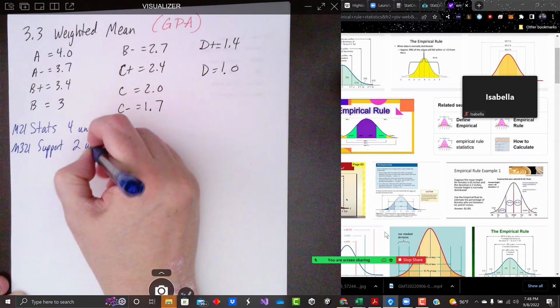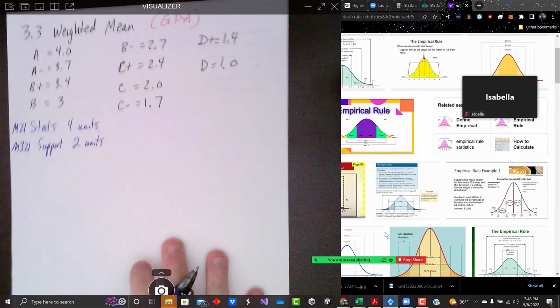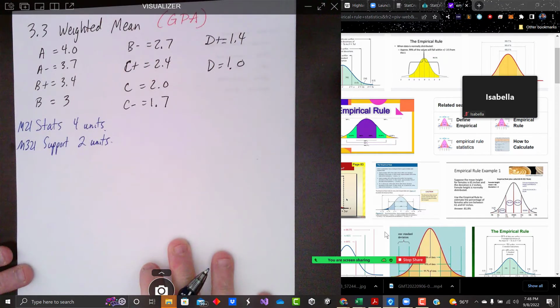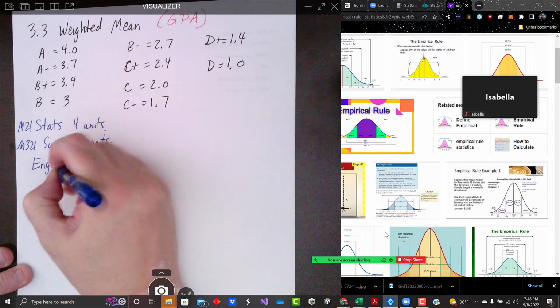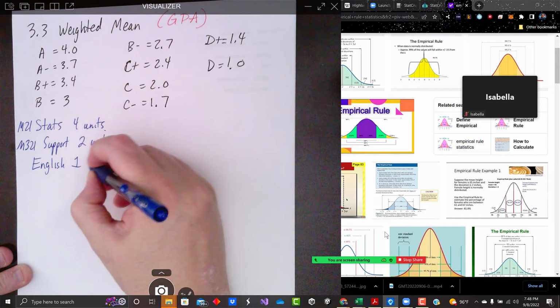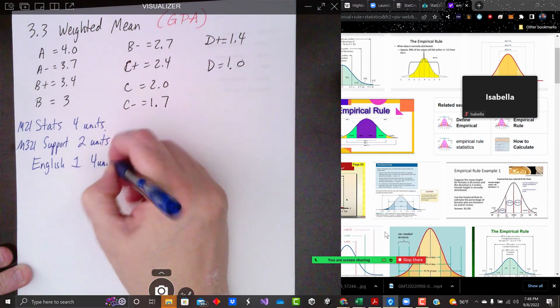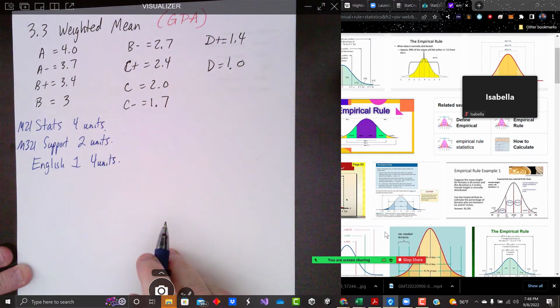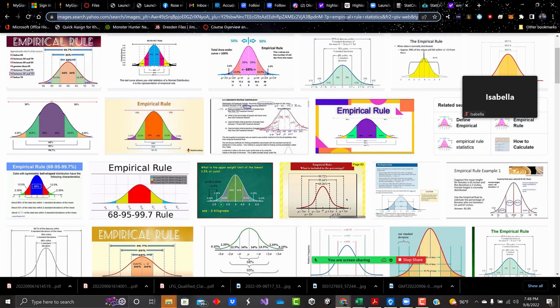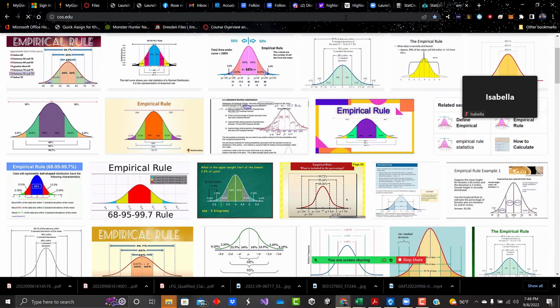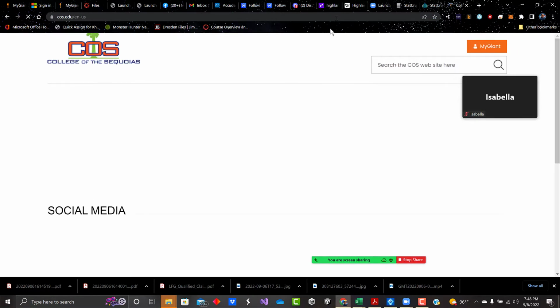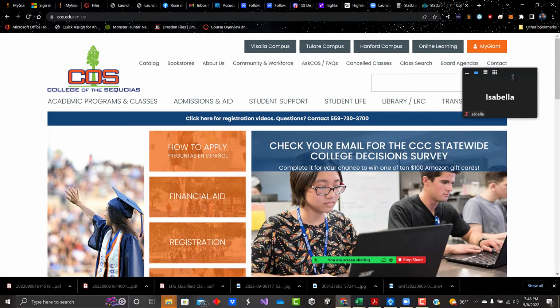That's 2 units. Let's say you're taking English 1. Is English 1 4 units also? And let me guess, is art, generally the elective ones are 3 units. I want a 3-unit one on this list, just to illustrate this a little bit better.